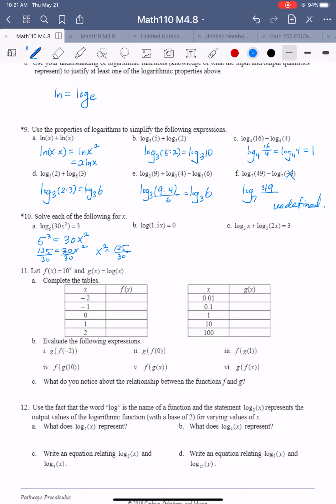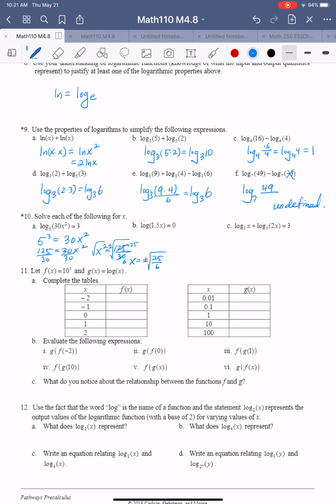And then in order to find x, square root both sides, but always plus or minus roots, okay? So x equals plus or minus, and then you can just reduce it. Actually, 5 goes into 30 six times and 5 goes into 125 twenty-five times, right? So you can say 25 over 6.